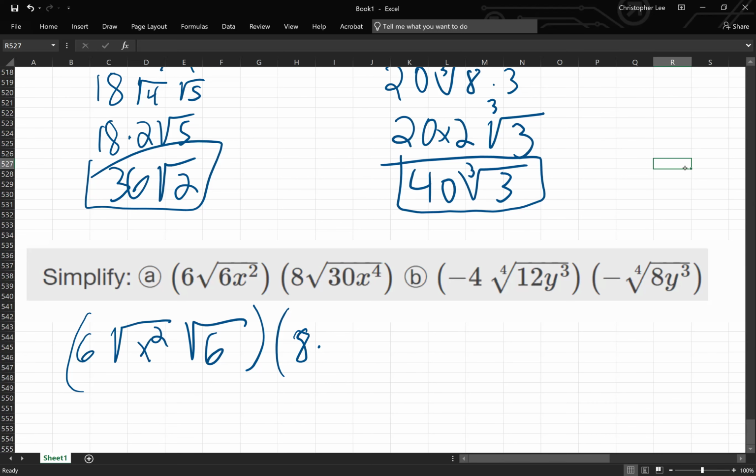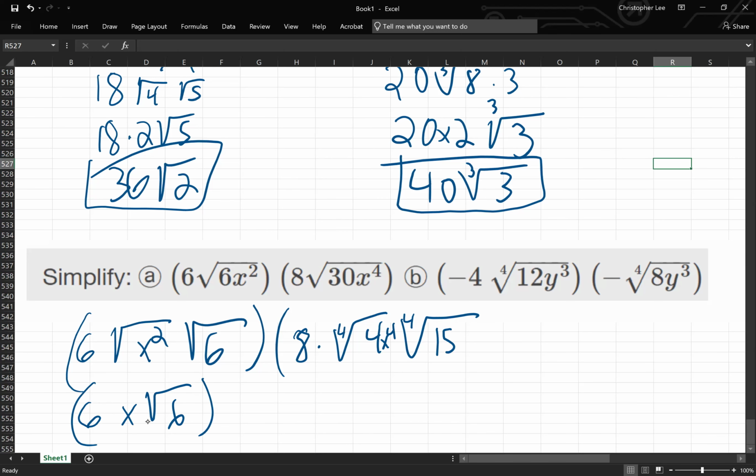That's 15 times 4, right? This is 15 x to the 4th. All right, these will cancel. This leaves back 6 times x square root 6. All right, and this is 8 times 4, 32, times 15.